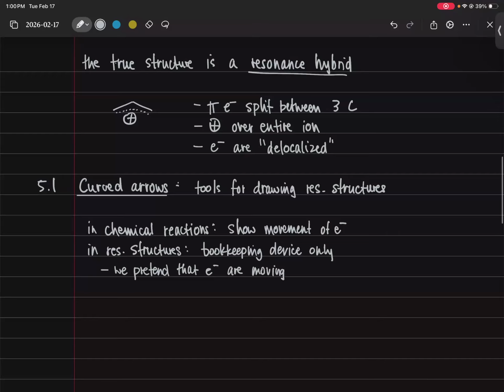And we're just basically playing pretend with electrons because, as we know, the resonance hybrid up there is the true structure, and we're not flip-flopping between two different structures.